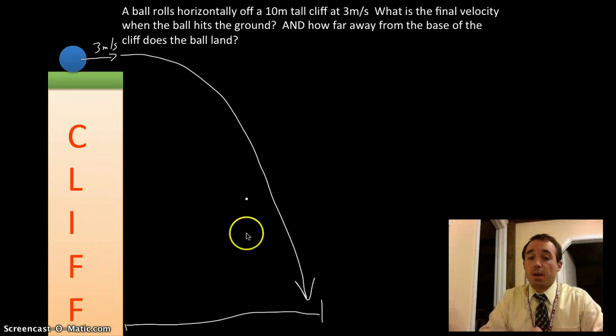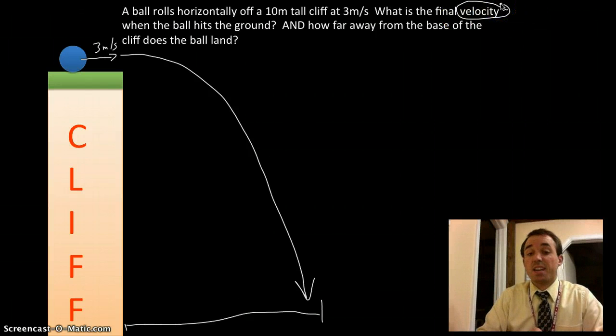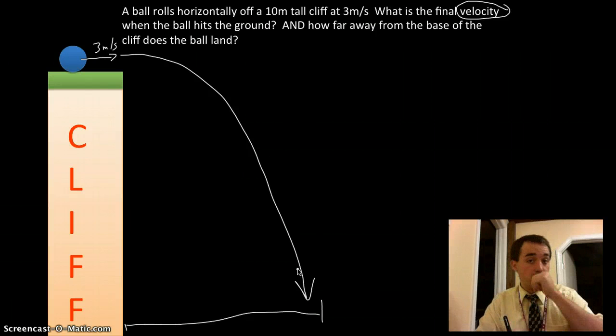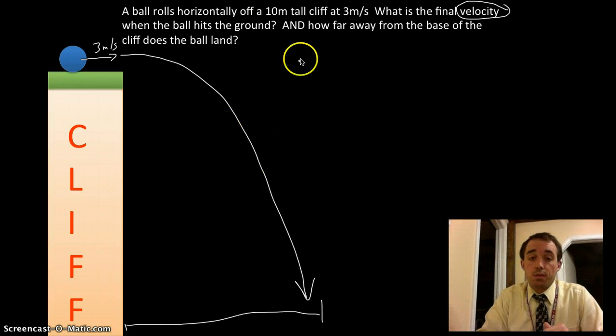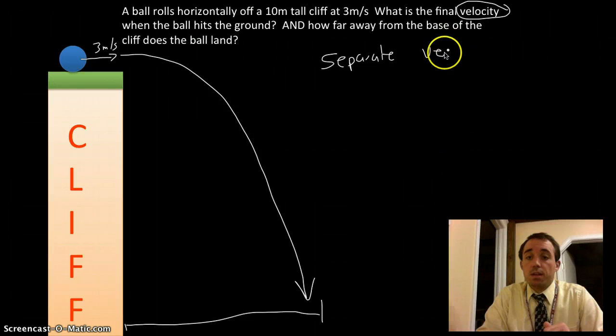And we also want to find out at what speed, what velocity, meaning speed and direction, the ball is going to hit the ground. So this is actually a pretty complicated problem, but it culminates almost everything we've done all year long. The way to go about these types of problems is to, and you should still have your notes out, separate your vertical and horizontal.